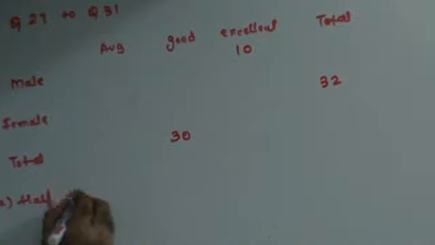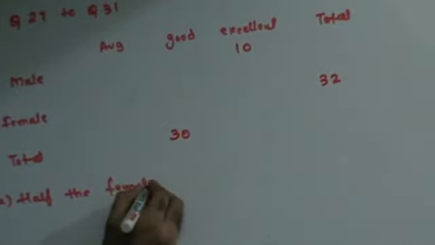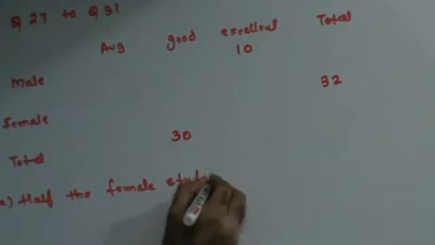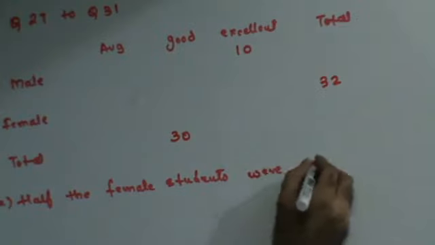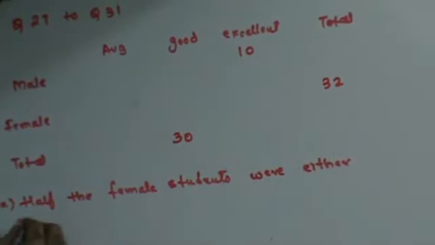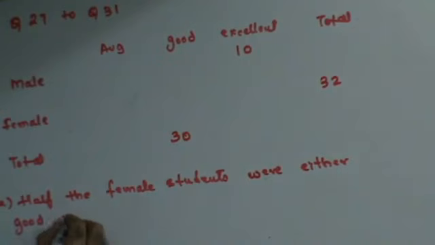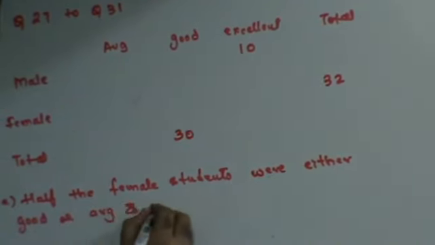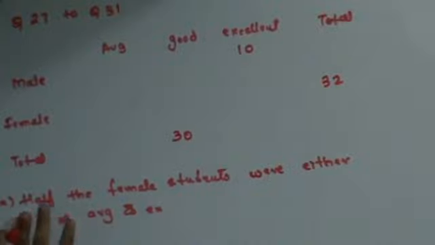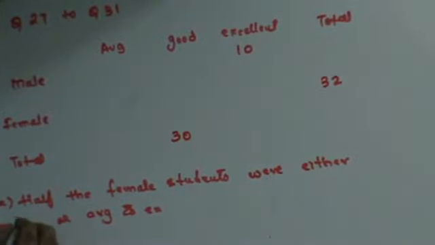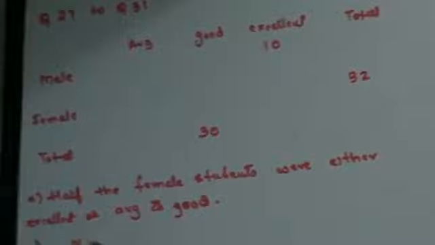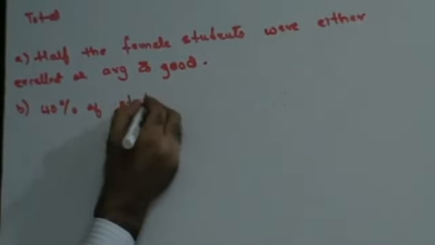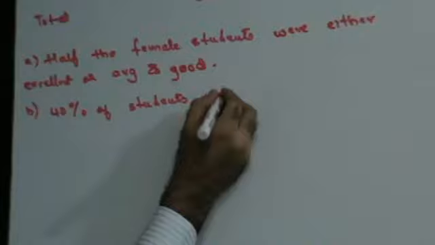The other data given to you is three pieces of data. First, half the female students were either good or average. Second, 40% of students were females.